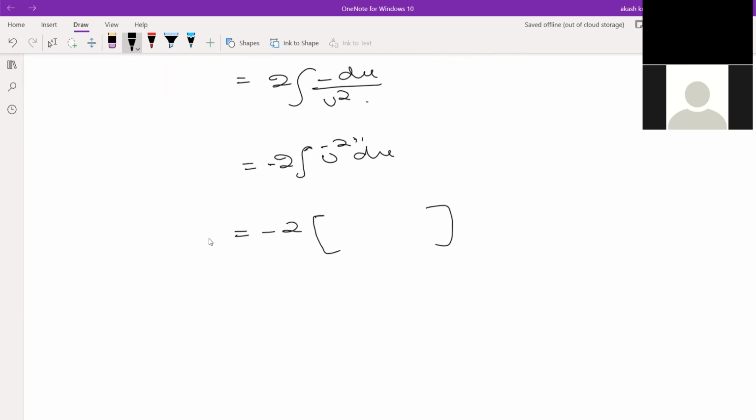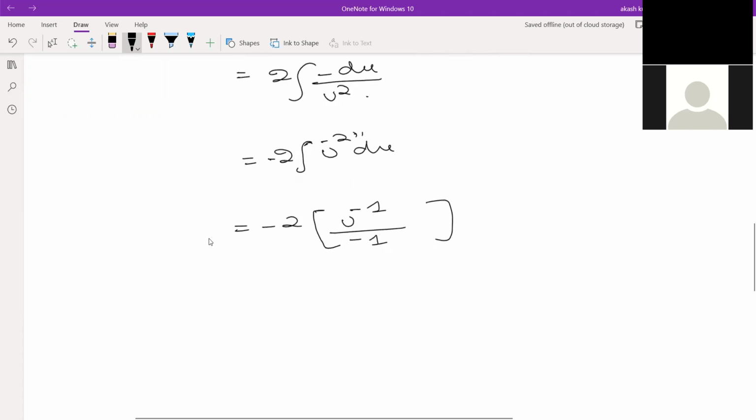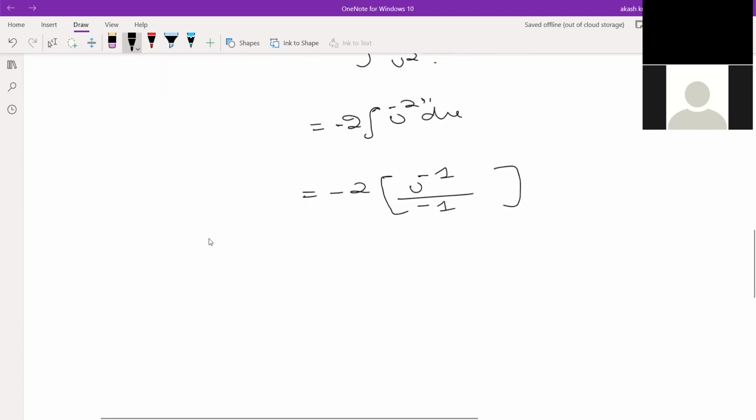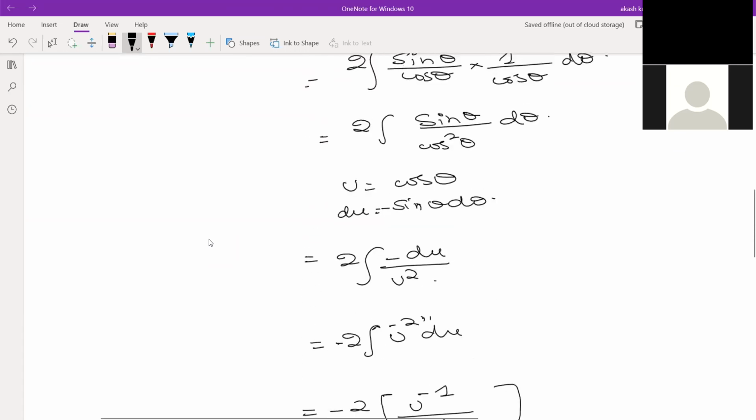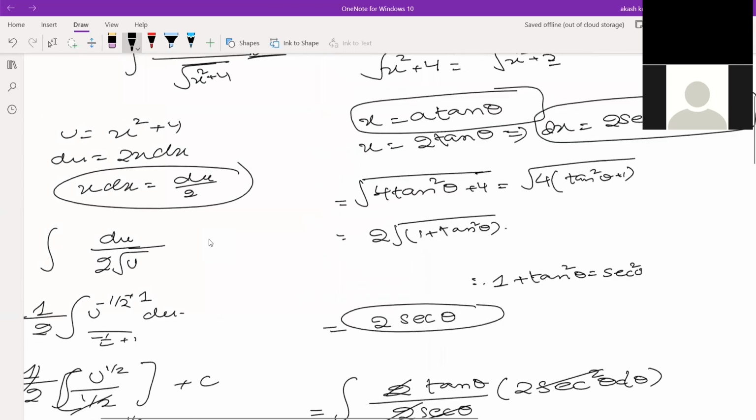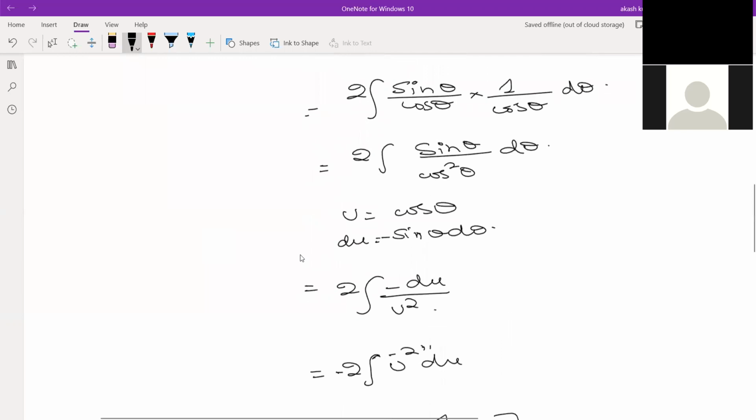Adding 1 to the power, it becomes u to the power minus 1 over minus 1. u was cos theta.